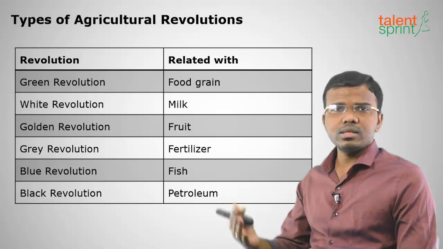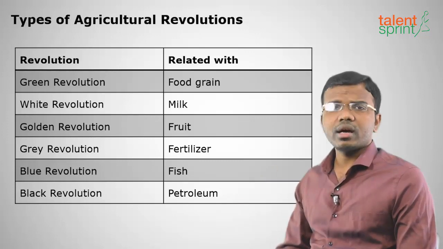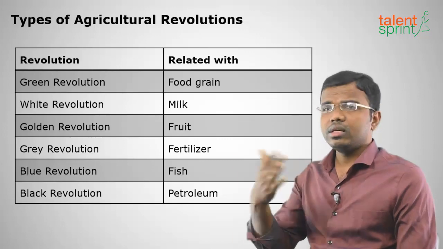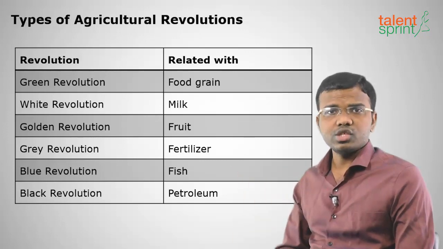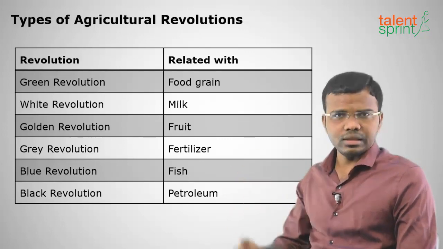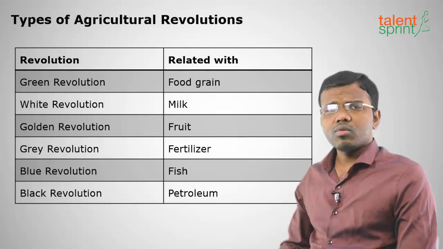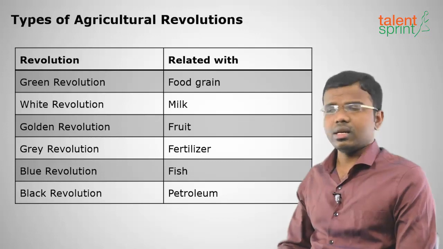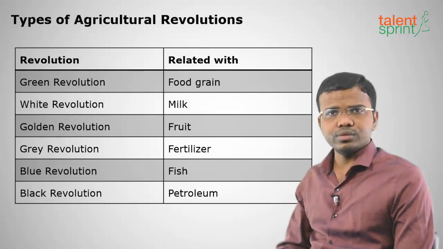So how to increase the productivity? They introduced high yield variety seeds, HYV seeds. They give high yield and water was consumed less. They practiced modern methods of agriculture like drip irrigation and sprinkler irrigation.